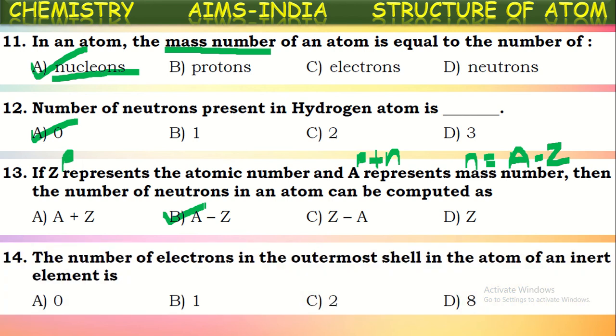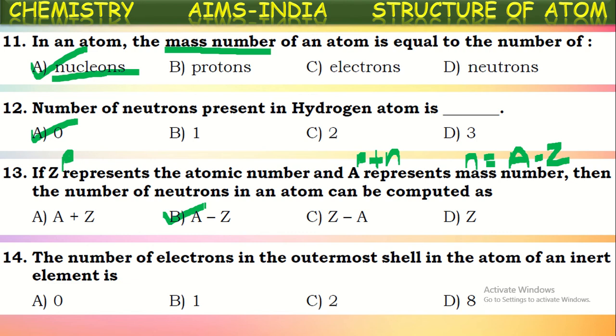Okay. Next one. The number of electrons in the outermost shell in the atom of an inert element is... For inert elements, we know they have octet configuration. Octet configuration means having 8 electrons in the outermost shell. Those elements which have 8 electrons in the outermost shell are more stable. They are called inert elements. They do not participate in chemical reactions.